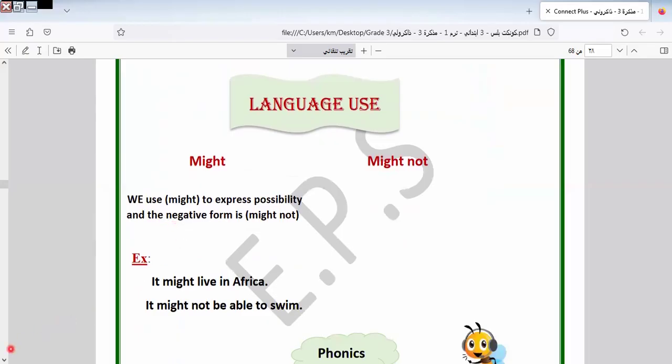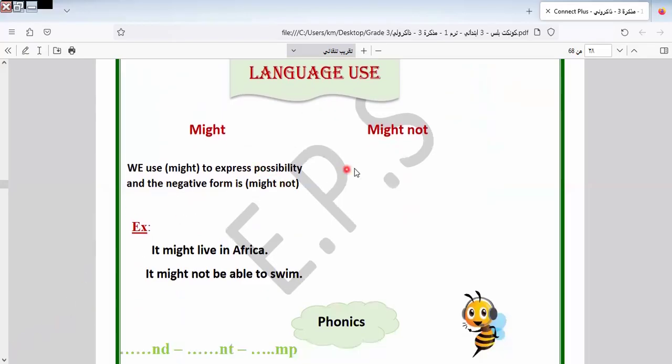Here we talk about language function. We talk about might. Might is the past of what? Of may. It is the past of may. So may or might express what? Possibility. We use might in the affirmative form, and in the negative form we use might not, like this.